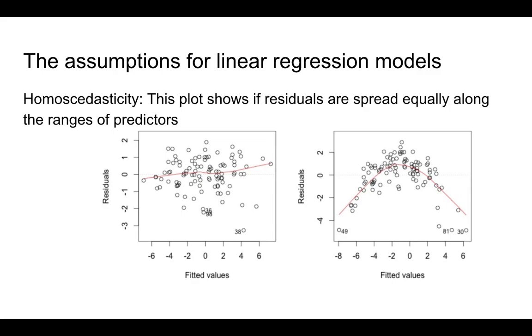And for linearity, like I said, if the residuals are randomly distributed, then you don't see any kind of pattern. Generally, the red line looks great. This is a fairly good line.